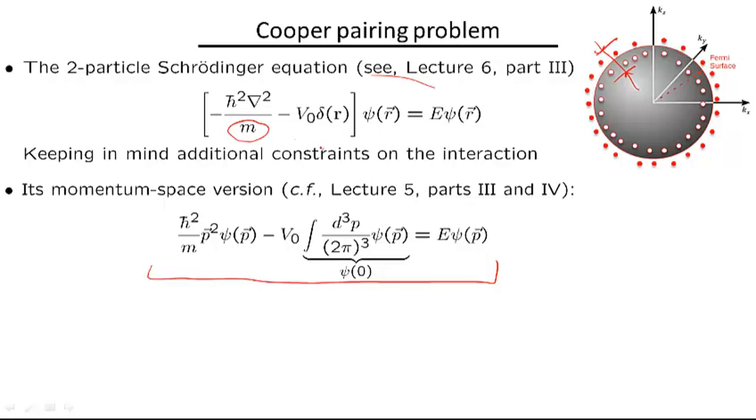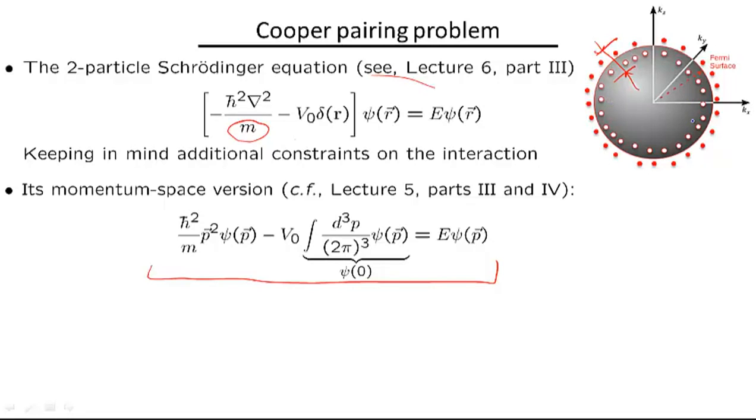So a delta function potential in 3D does not have a bound state. However, an interesting thing that happens here is that because the electrons that really play a role in this pairing and this interaction with phonons exist in the vicinity of this Fermi surface, and this surface is 2-dimensional, this gives rise, in a sense, to a reduction of dimensionality.